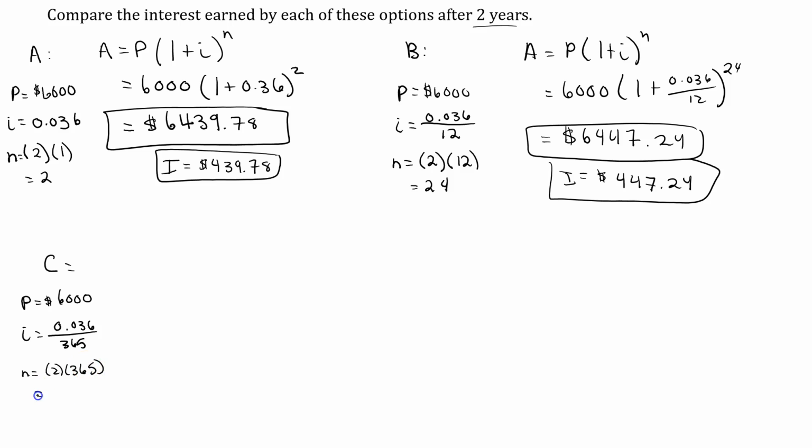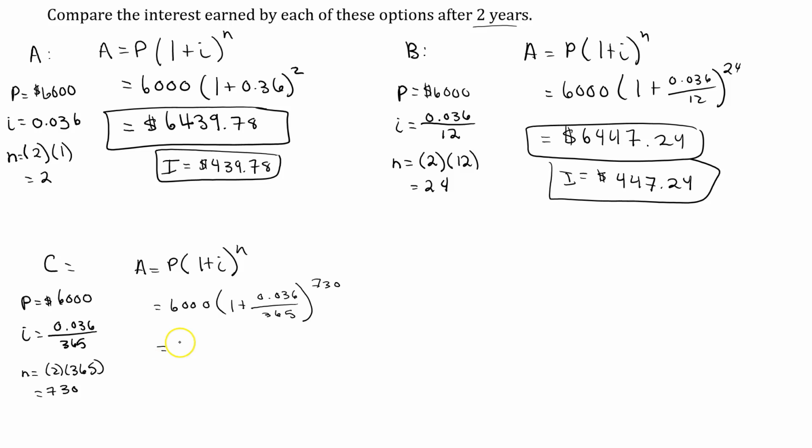So that's going to be 730. So we have A equals P times 1 plus i to the n. Substitute my P, 6,000, 1 plus i, which is 0.036 all over 365, to the power of n, which is 730.